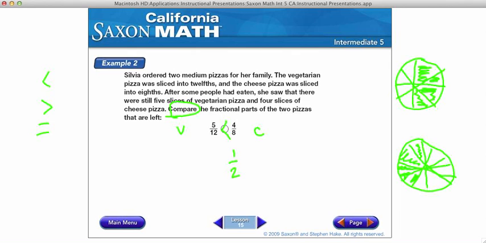So if I make this darker, this is my 5/12, but this is my 4/8. So this is a full half of a pizza, where this is not half of a pizza. So 5/12 is less than 4/8. Okay? All right, that's it.